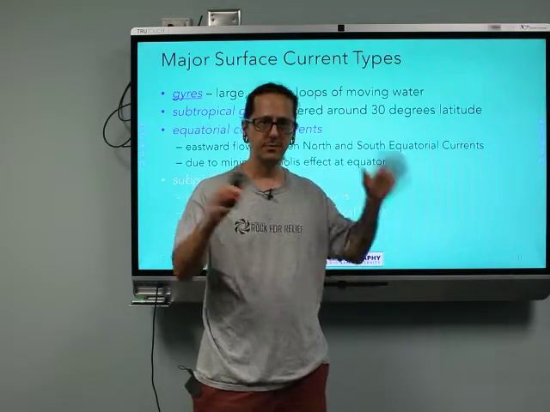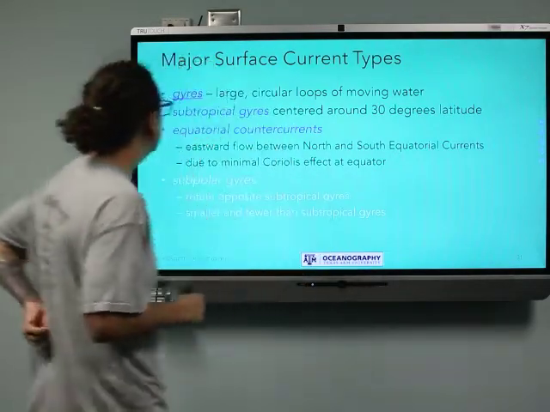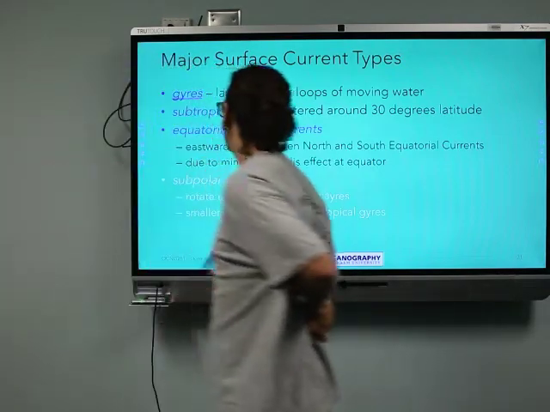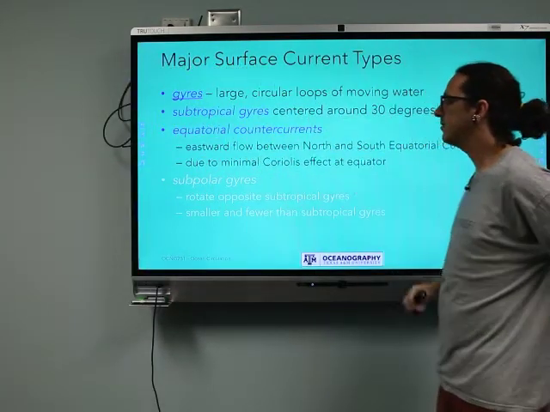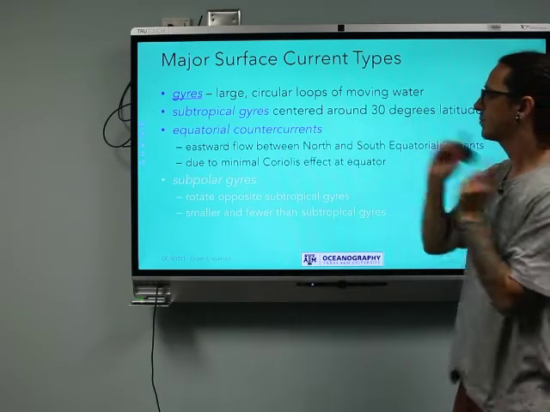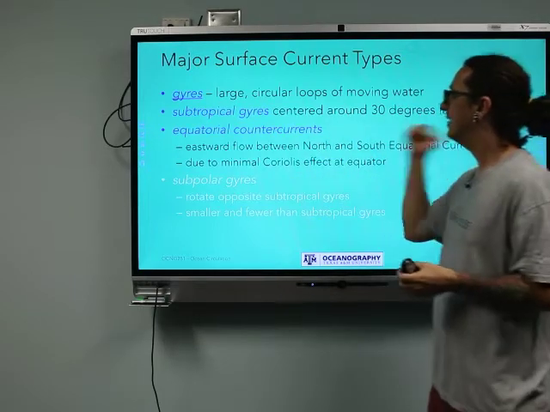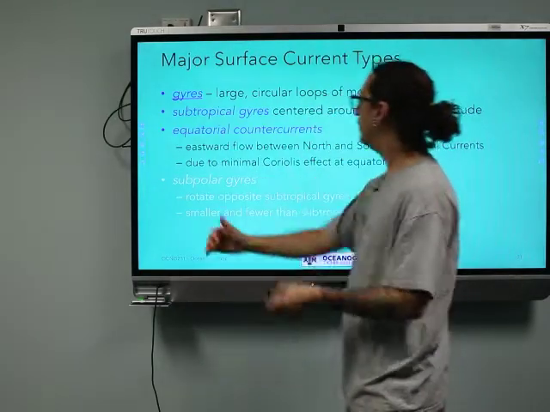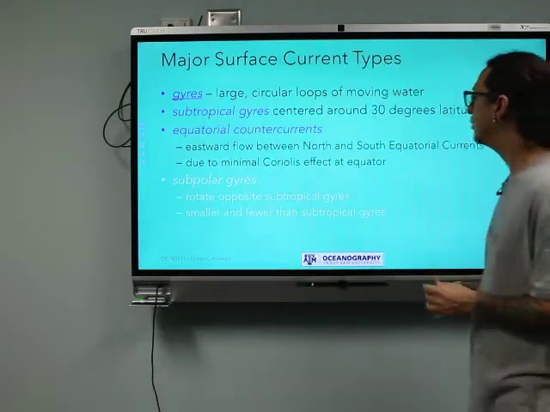We're in chapter 7 now. The reason you have these equatorial countercurrents is because the trade winds just north and just south are blowing water to the west. And then at the equator, where there are no trade winds and also no Coriolis, the water flows back right along the equator.